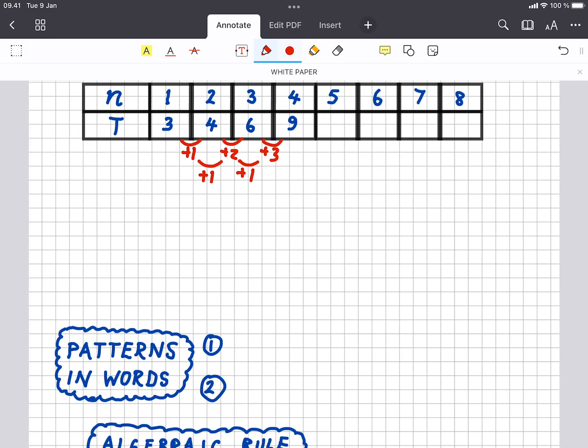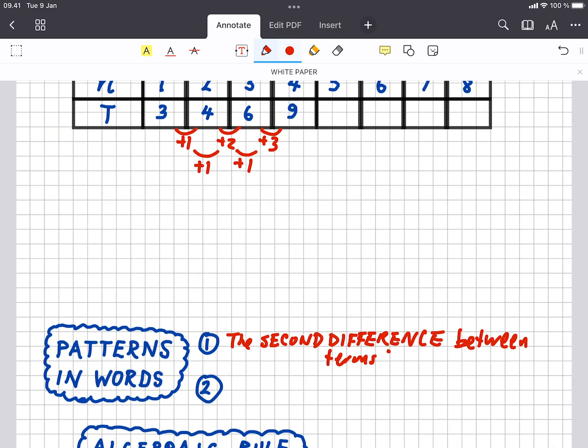And we can write as a pattern in words: the second difference between terms is constant, always 1. In very bad handwriting. Hopefully yours is better.